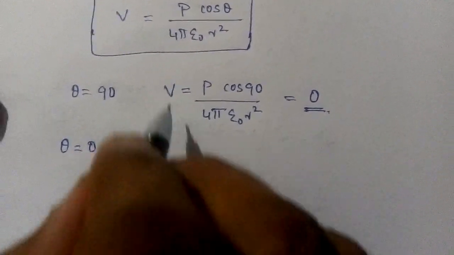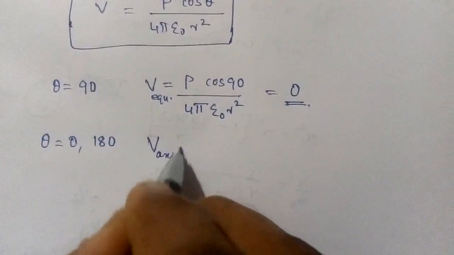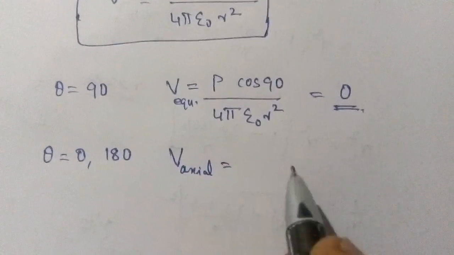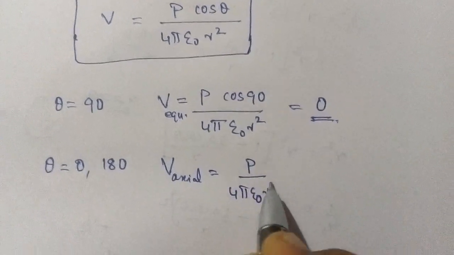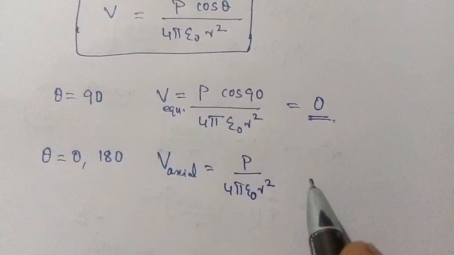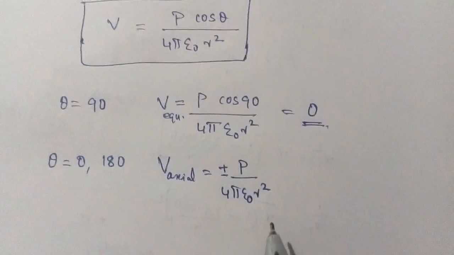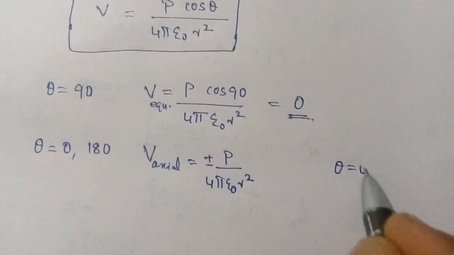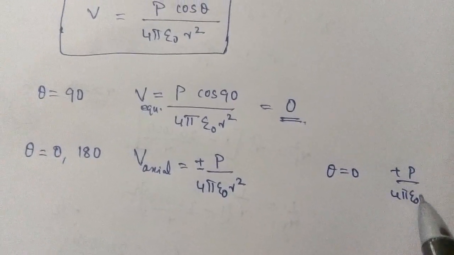So this is the equatorial line, and if you are finding the potential along the axial line, if theta is equal to 0, then cos 0 is 1, so we will get plus P by 4 pi epsilon naught R squared.